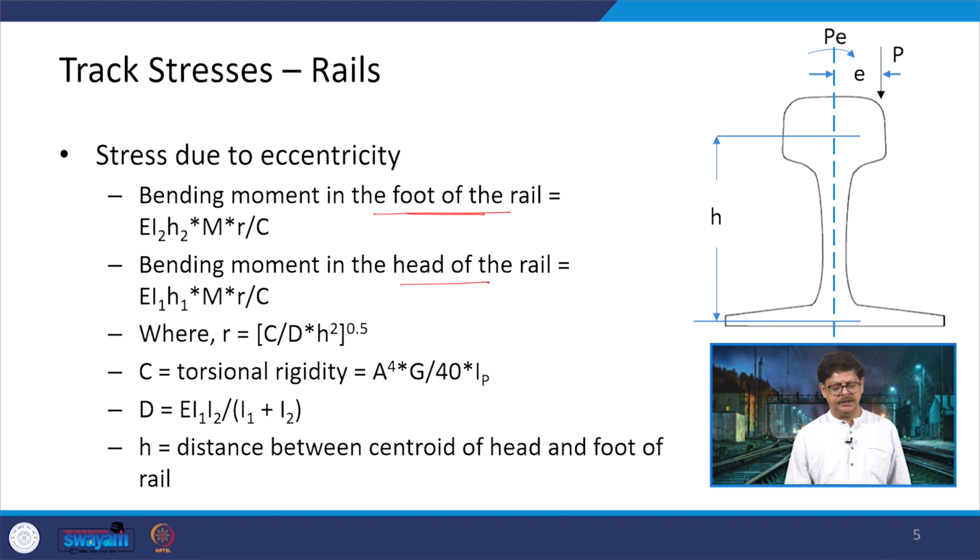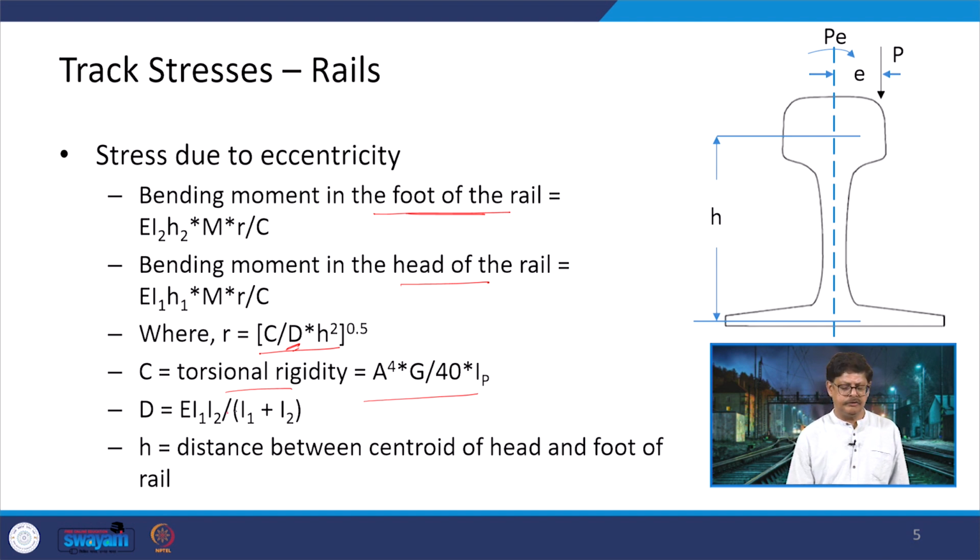Now, R here can be calculated by this formula, which is C divided by D into H square, under root of this whole value, and C is the torsional rigidity, which again can be calculated by a formula given here. And if we talk about this D, which is used to compute R, then D is E I1 I2 divided by I1 plus I2.